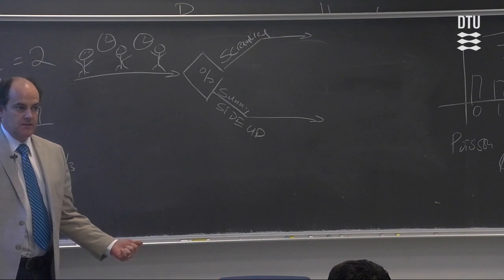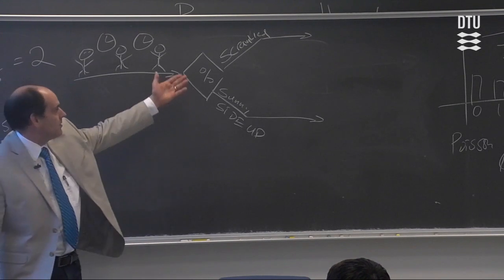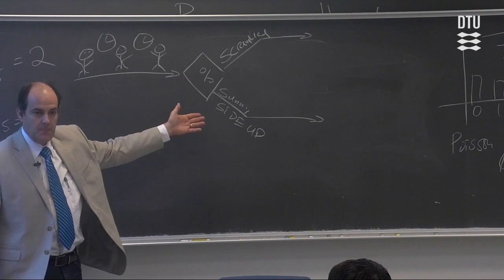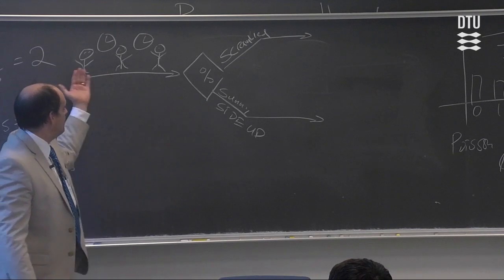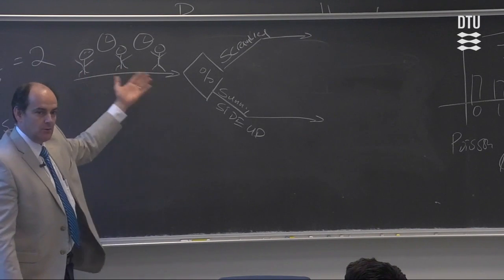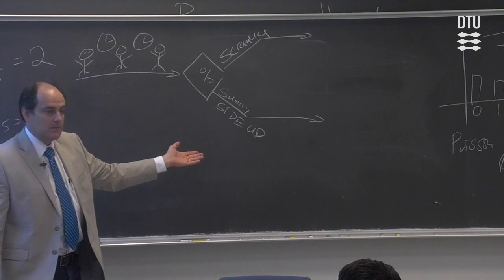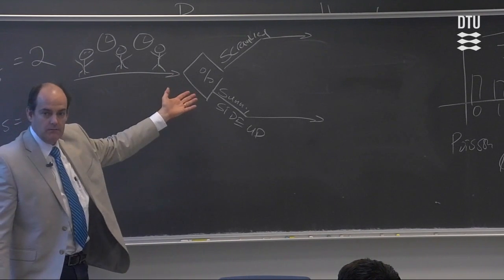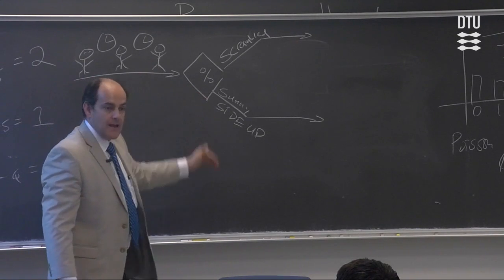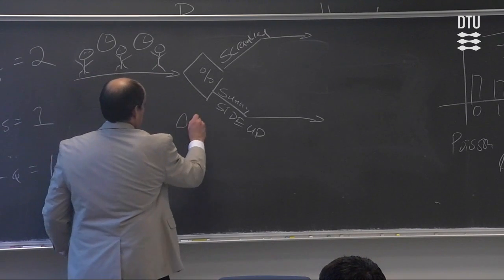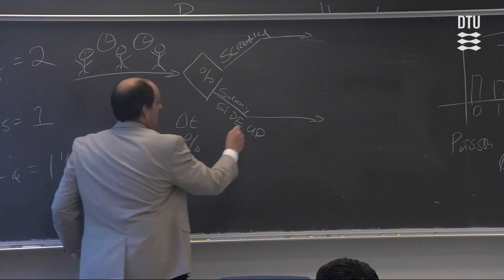No soldier begins his day without a good breakfast. There's some percentage that want scrambled and some percentage want sunny side up. It's going to be random. There's nothing about the pattern, the sequence of these soldiers that's going to tell you which one wants scrambled and which one wants sunny side up. So it's a percent flip of the coin as they get up to the decision point here. When they make that decision, there is a time interval between each decision, and there is a random probability that they go each route.